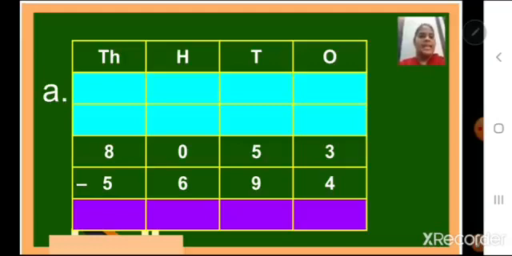Children, in your textbook, boxes are drawn like this and the question is given: 8,053 minus 5,694. While subtracting, we always have to start from ones place. So we will start subtracting from ones place.